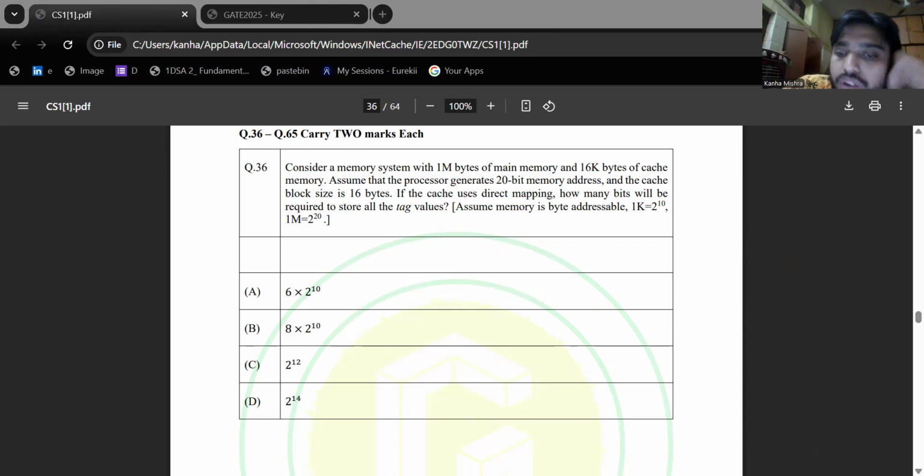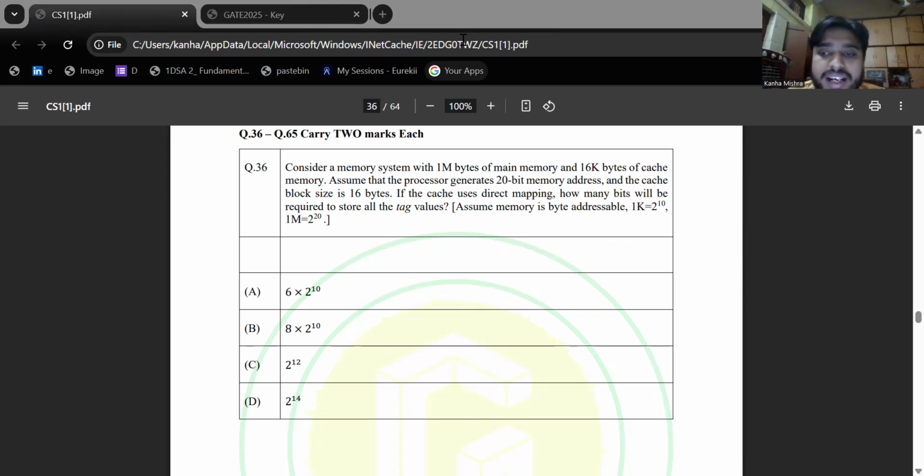Now let's understand what a direct mapping cache is. In direct mapping, each memory block goes to exactly one cache block. एक memory block एक cache block के पास जाएगा. To find data, the CPU splits the memory address into three parts: tag, index, and offset.